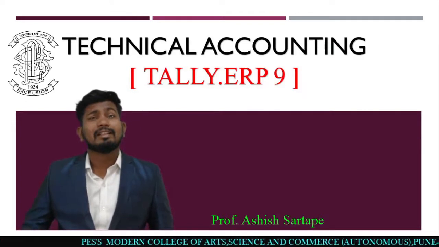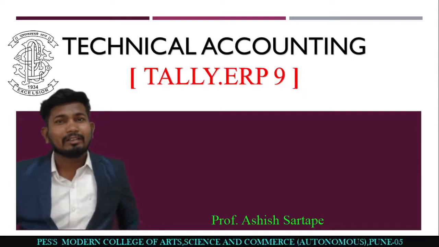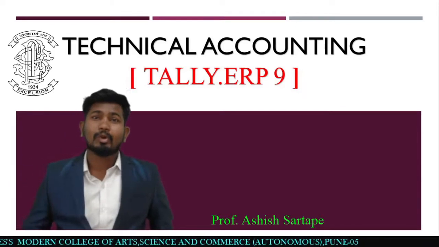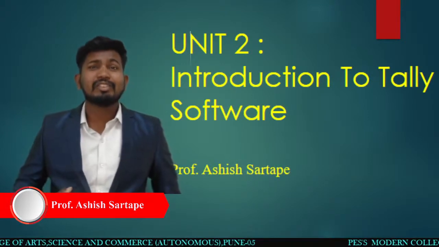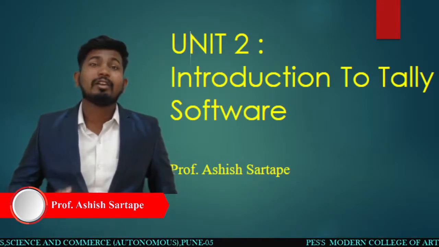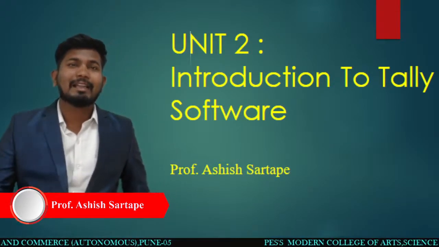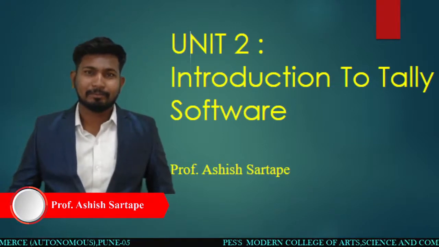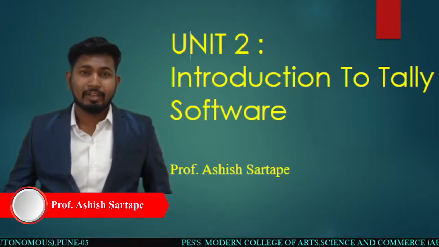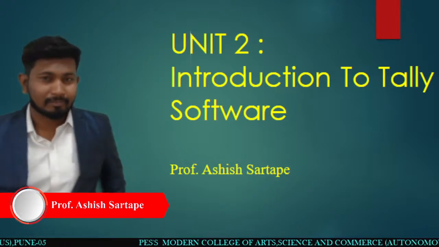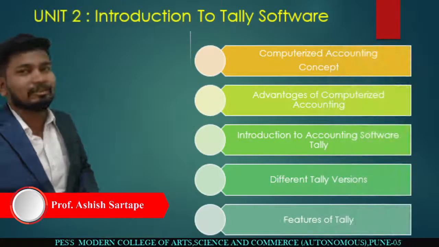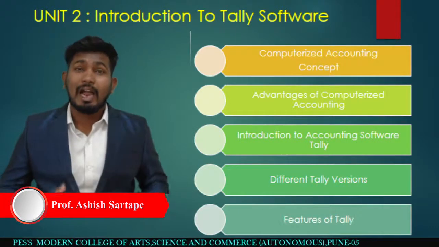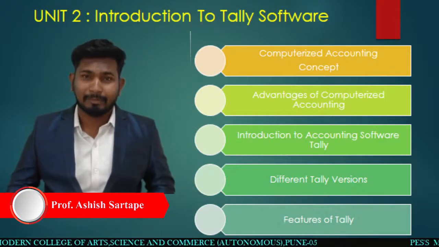Now, I will cover Unit number 2, Introduction to Tally software. This unit has two parts, Part A and Part B. In Part A, the following points are covered. First, computerized accounting concept. Second, advantages of computerized accounting.